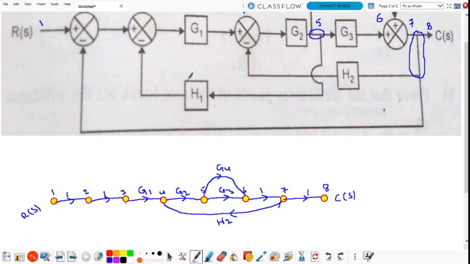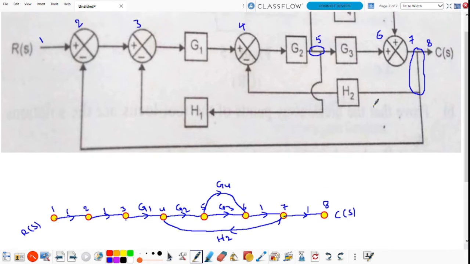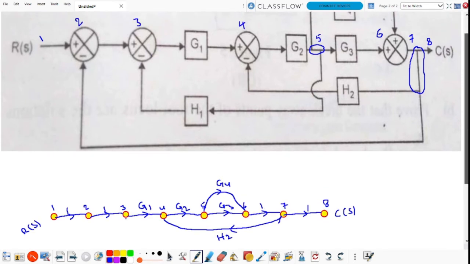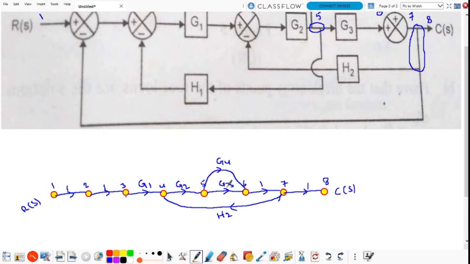Node 5 to node 3, the feedback element is H1 along the direction of the signal flow.